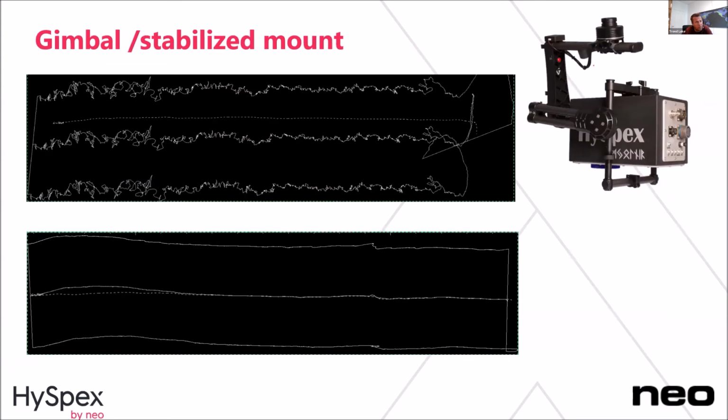This is a flight we did in China, quickly after each other, just to test how the pixel field of view looks on the ground with and without a stabilized platform for the same conditions, right? When Agnar is talking about motion blur, a fixed wing aircraft is moving quite smoothly relative to the frame rate of the camera, while an octocopter, you can see, is not smooth at all.